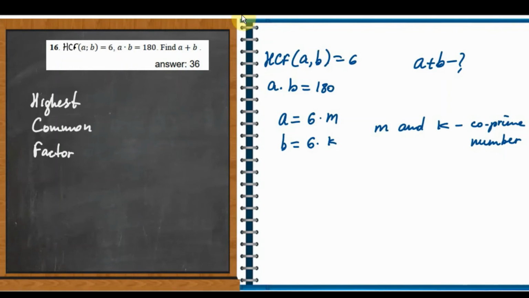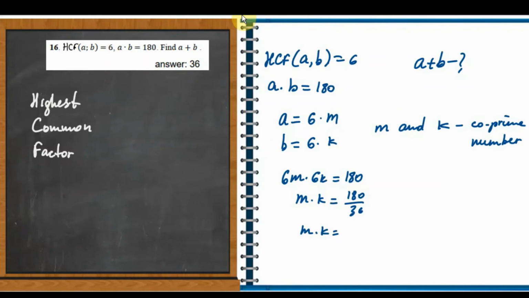After this, we can say A multiplied by B, or 6M multiplied by 6K, equals 180. M multiplied by K equals 180 divided by 36. M multiplied by K equals 5. Since M and K are co-prime numbers, we can say that M is 5, K is 1. Or vice versa, M is 1, K is 5.